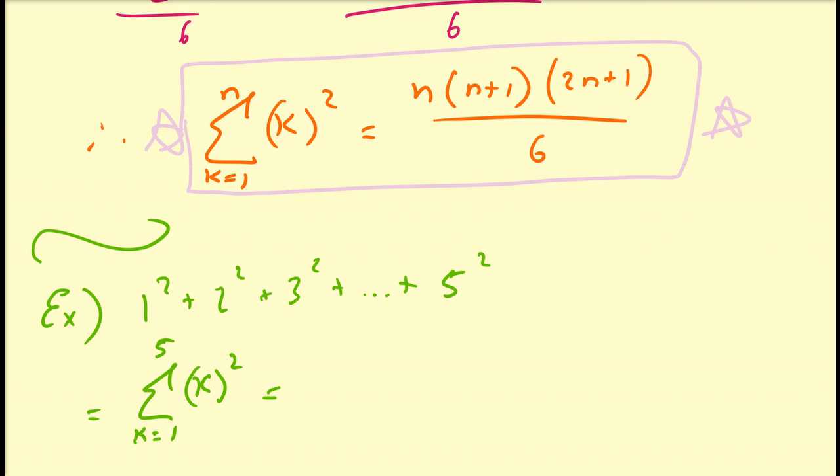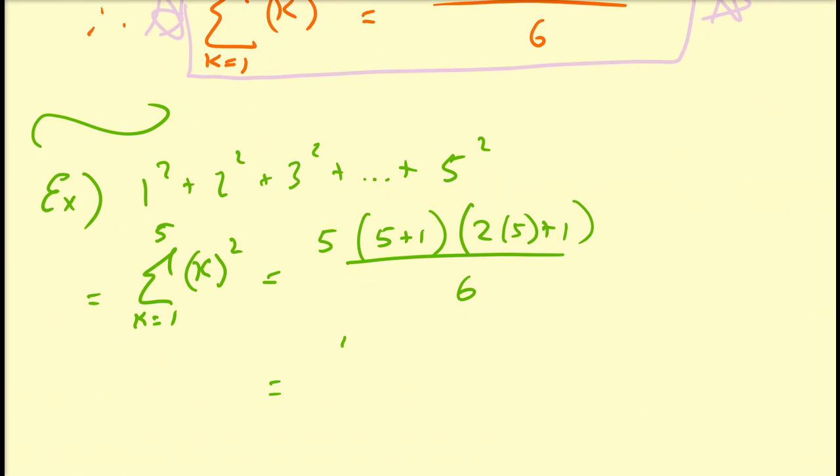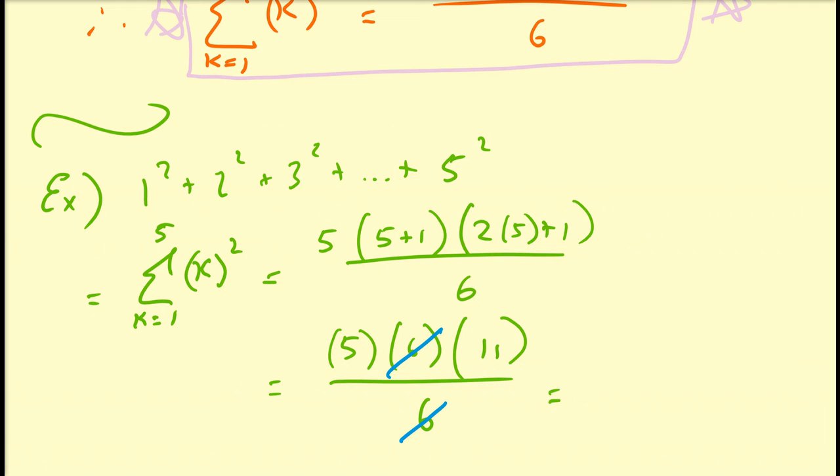By this relationship, this is equal to 5 times (5 plus 1) times (2 times 5 plus 1), all divided by 6. So we get 5 times 6 times 11, all divided by 6. These 6s cancel directly, so we're just left with 5 times 11, which is equal to 55.